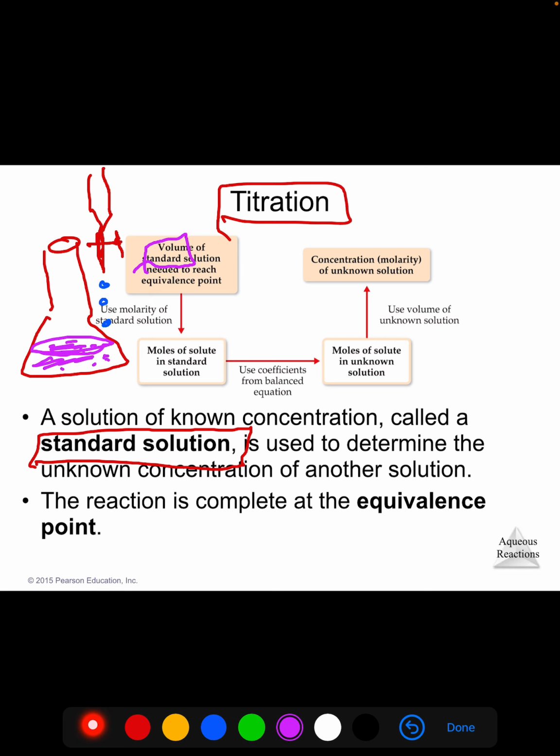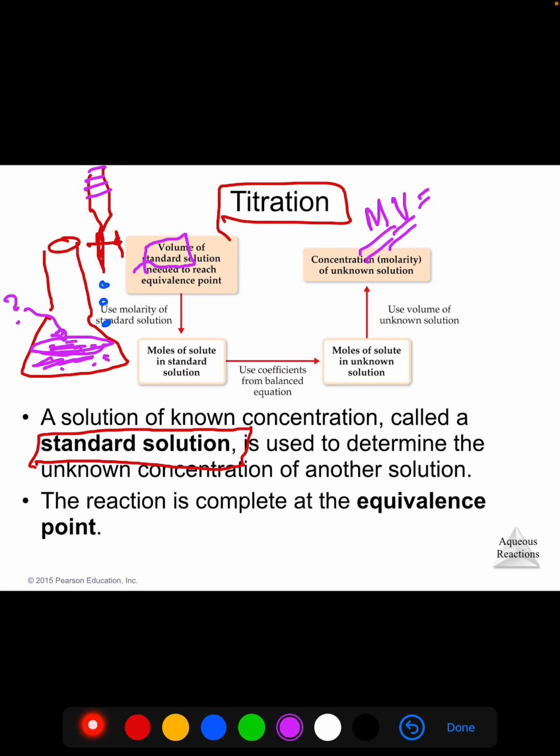But what we need are known amounts so that we can use our V1 M1 equals V2 M2, because we'll know with assuredness the molarity of our standard solution, and we'll know what volume we used, because we're measuring in this burette. This is a very accurate measuring device for measuring volumes of liquids, or we know what volume we added here.